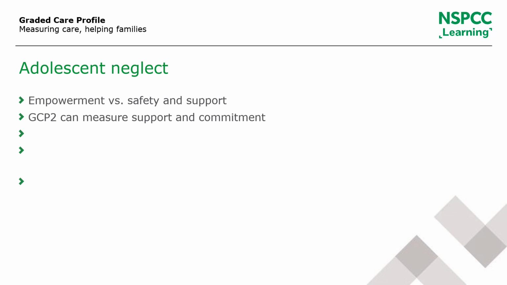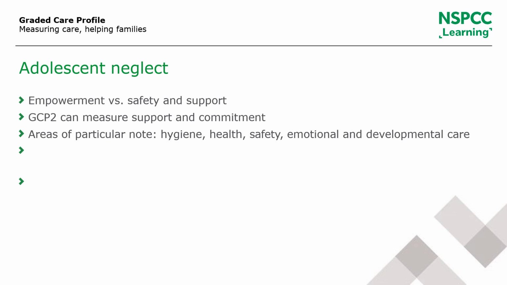We need to think about support and commitment. And this is something that the GCP2 can help us to measure for adolescents. There are some areas of particular note when we're thinking about adolescent neglect, such as hygiene.